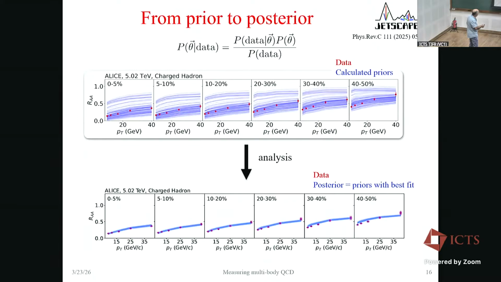The red points are the ALICE data, and each one of these purple lines is a different choice of parameters in our 6-dimensional parameter space, and the prediction of the model for R_AA. Some of them are way off; you wouldn't want those. The ones that are close to the data, you would want. This is just one of many sets of data, and if this were the only data we were looking at, it'd be pretty clear what we wanted to select.